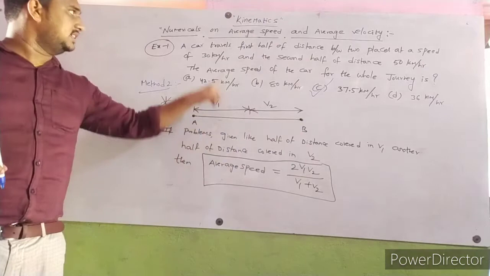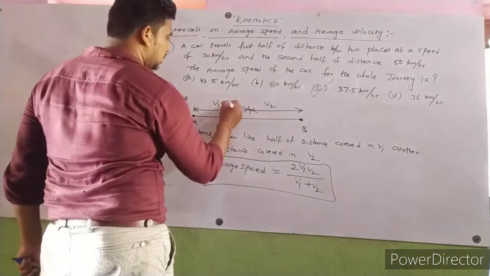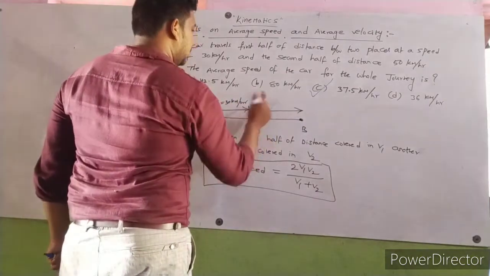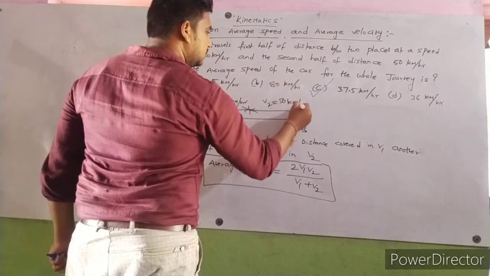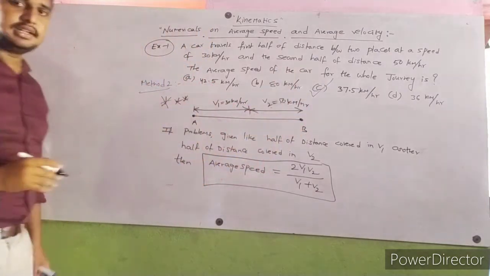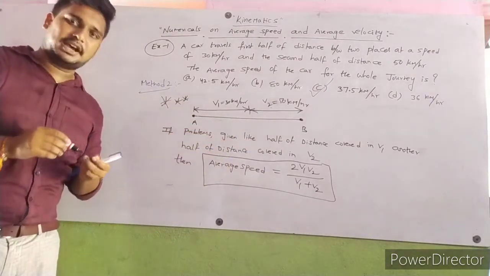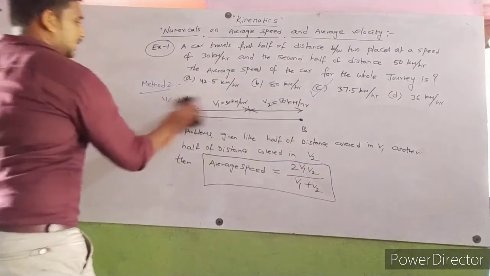In this problem also, half of the distance is covered at 30 kilometers per hour, and another half of the distance is covered at 50 kilometers per hour. For problems like these, just directly apply 2V1V2 by V1 plus V2.